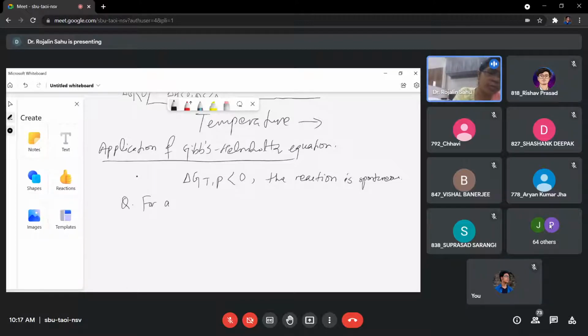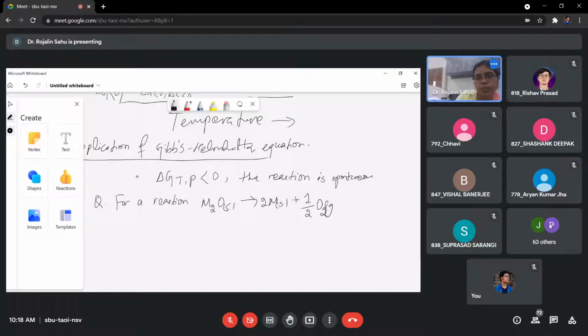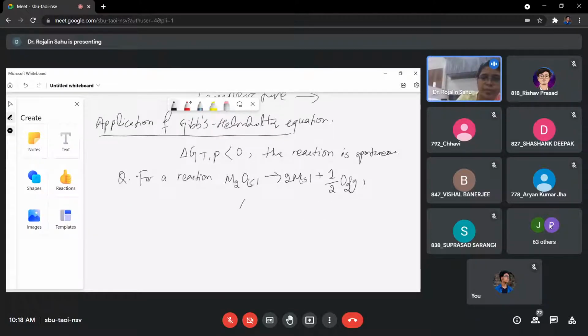Let's solve this question for a reaction. The value of del H is equal to 30 kilojoule per mole.